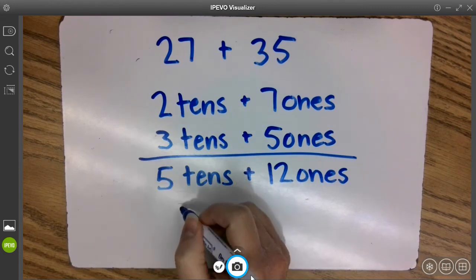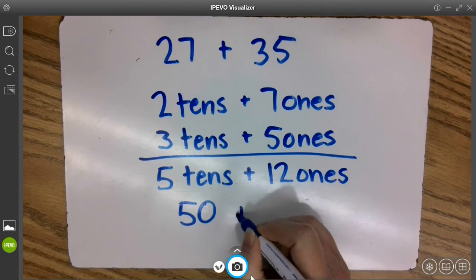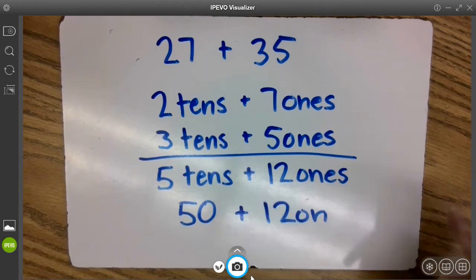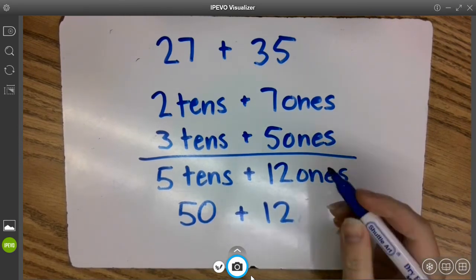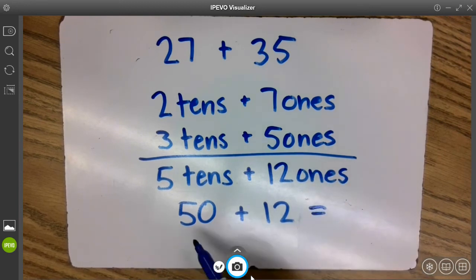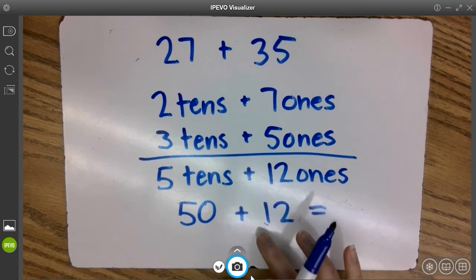Let's expand it. 5 tens is 50 plus 12. Oh, I don't need to write ones again. 12 ones is 12. Okay. Then looking here, we can add on tens. Notice we have a 12 here, which has tens and ones in it.